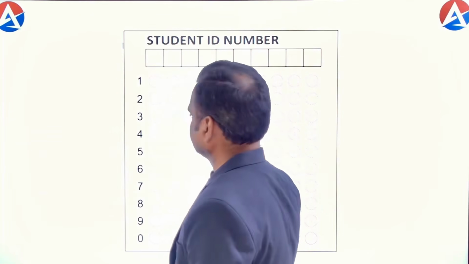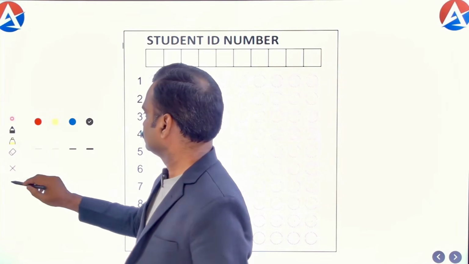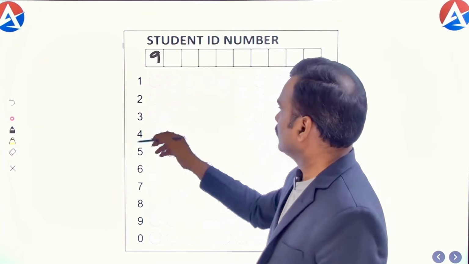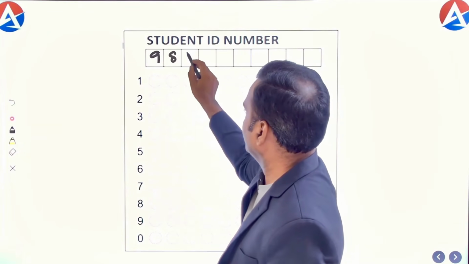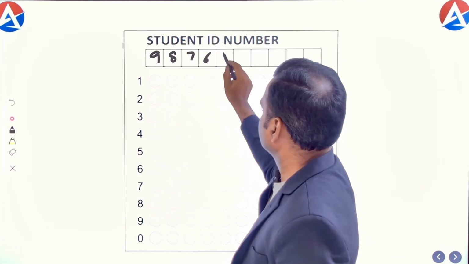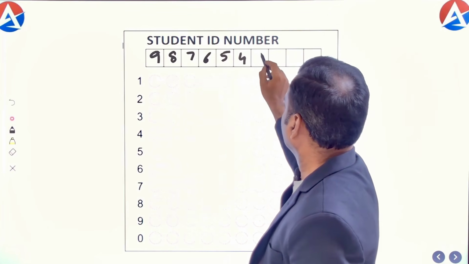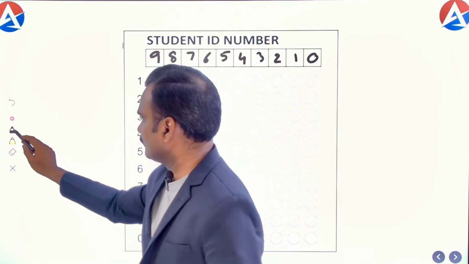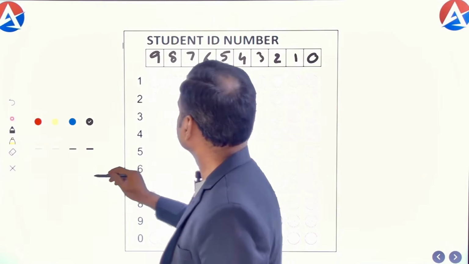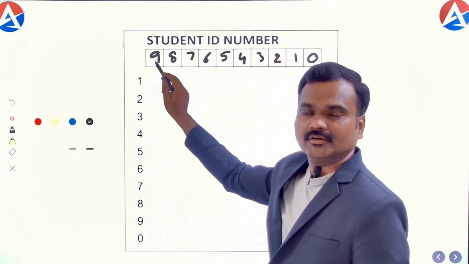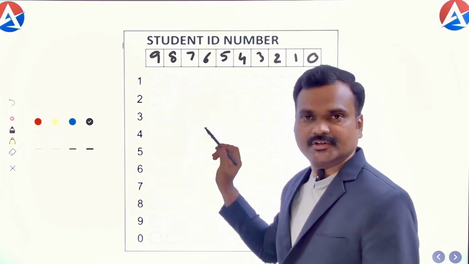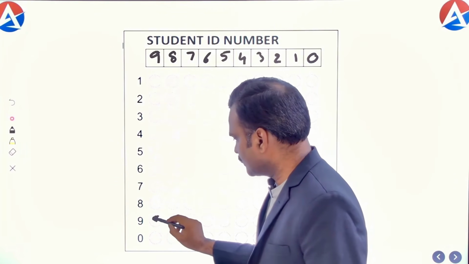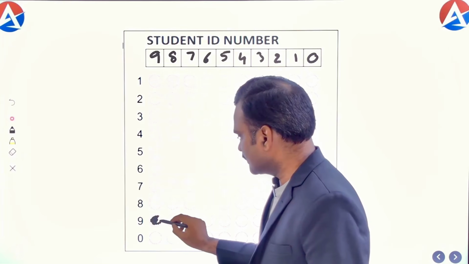Let us see one ID number: 9, 8, 7, 6, 5, 4, 3, 2, 1, 0. Suppose this is the ID number of that particular student. Whatever number they have written here, the same number should be bubbled below it in the respective circle. They have written 9, so the circle with the number 9 should be bubbled neatly.